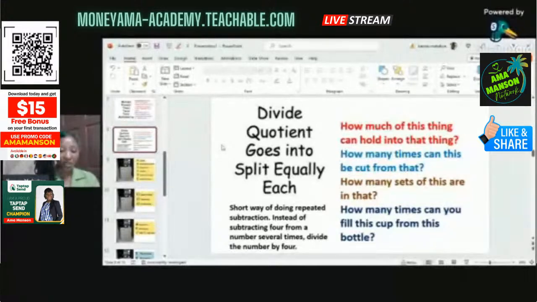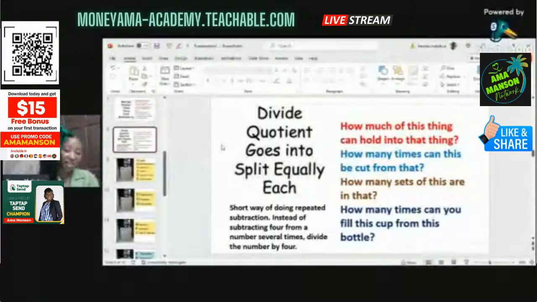When you see words like divide, find the quotient, how many times does this thing go into that thing, split something equally, or share something equally, distribute something equally, or how much does each person get?